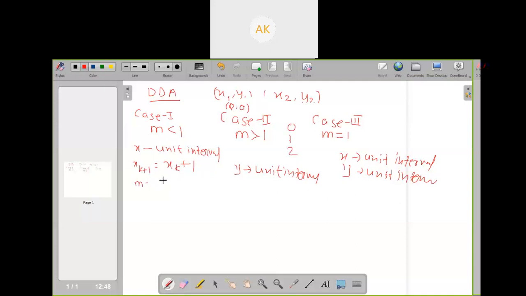The definition of m is (yk plus 1 minus yk) divided by (xk plus 1 minus xk).